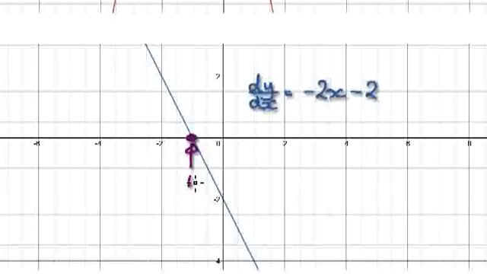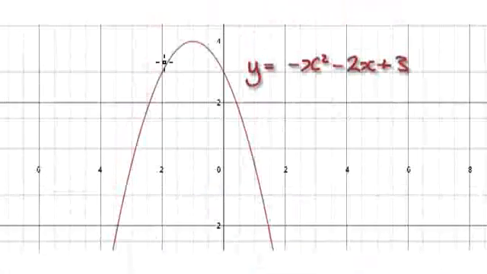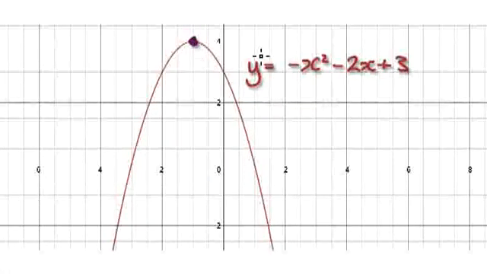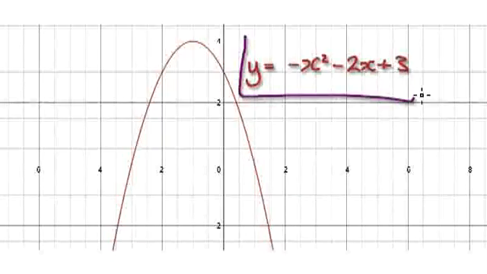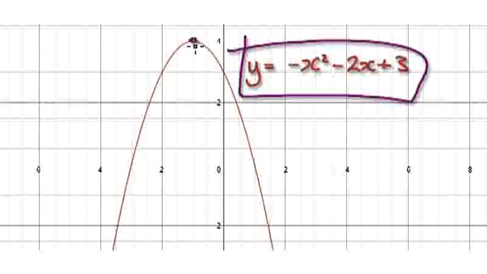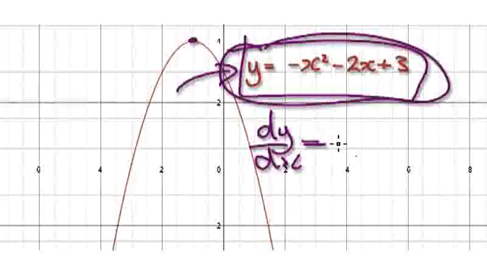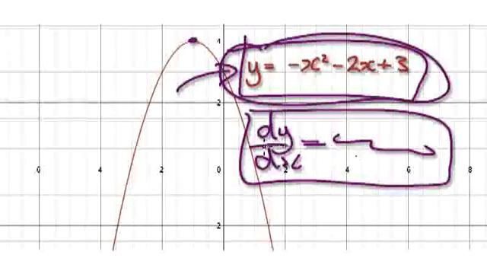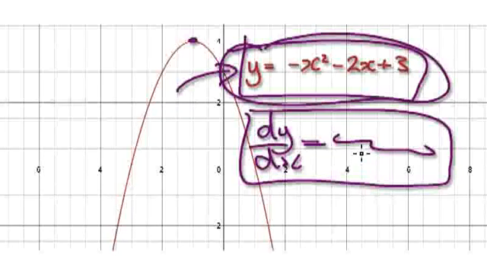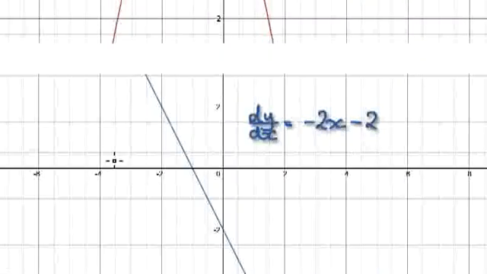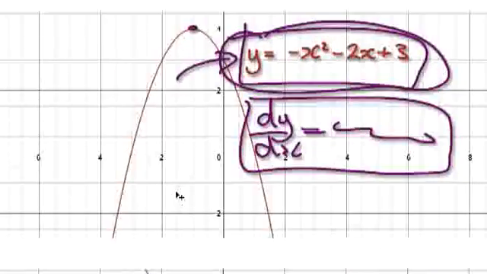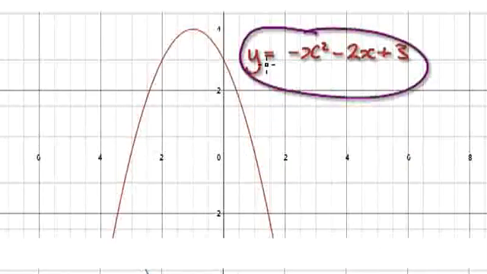So my point is that if you don't know where this point is, when given a graph like this, and you want to know where the highest point is, you can just find dy by dx of this whole thing, and then ask yourself, when is dy by dx 0? Looking at this here, dy by dx is 0 when x is -1. So you know the highest point will be when x is -1.